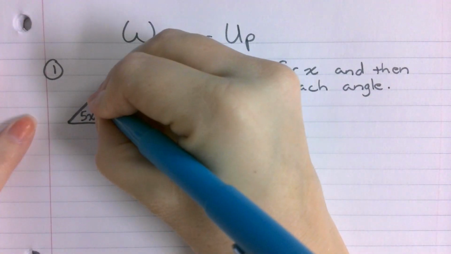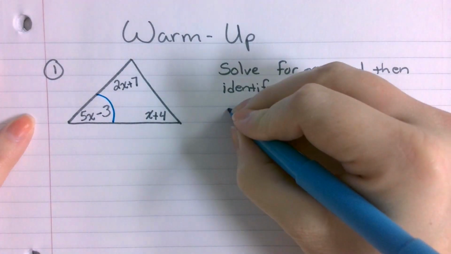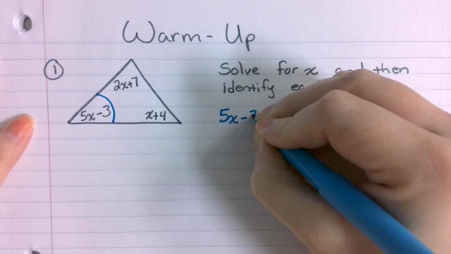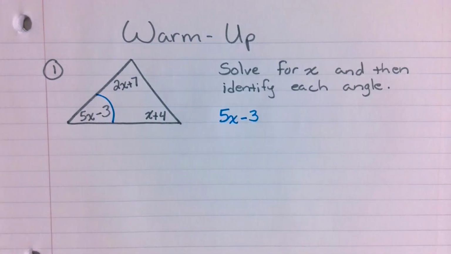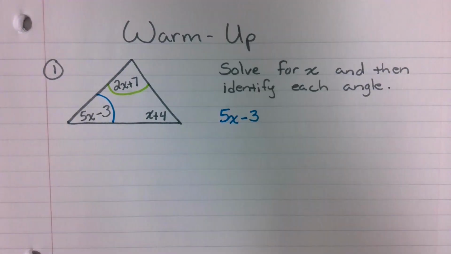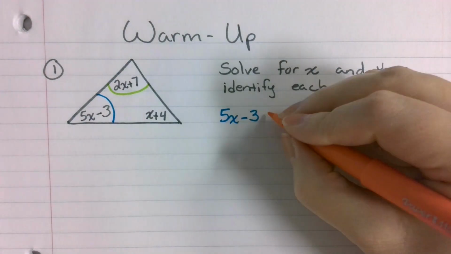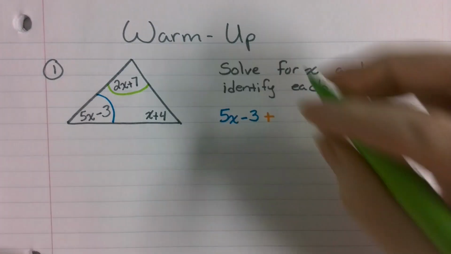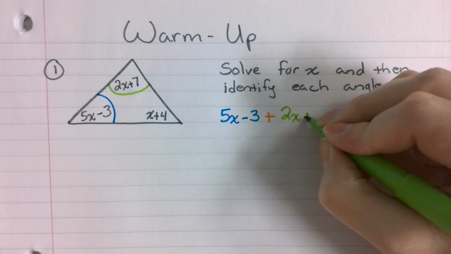I'm going to go ahead and identify this angle in blue, so I'll just say, hey, this is 5x minus 3. I'm going to identify this one in green. That's going to be plus 2x plus 7.